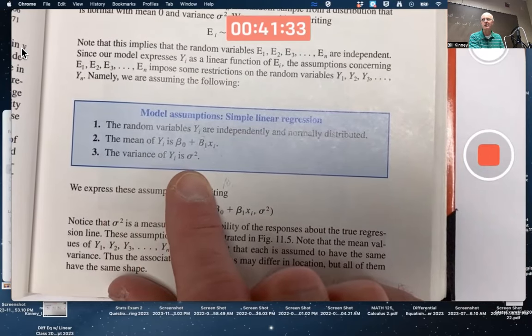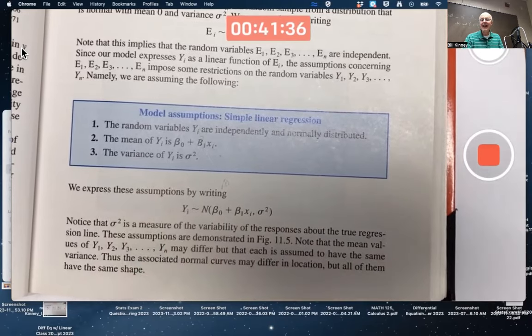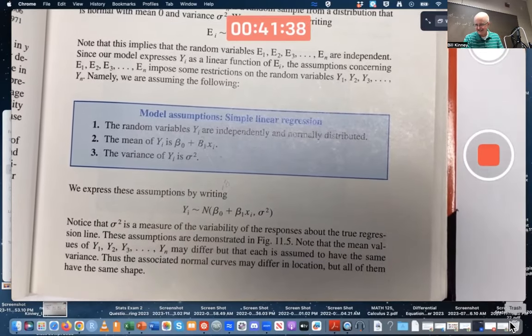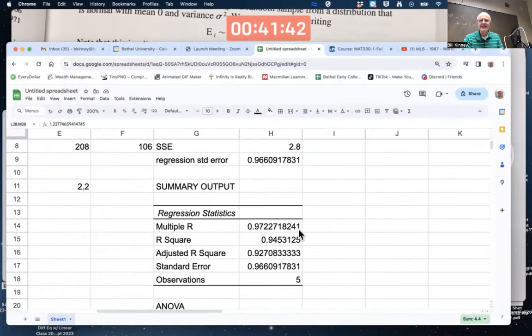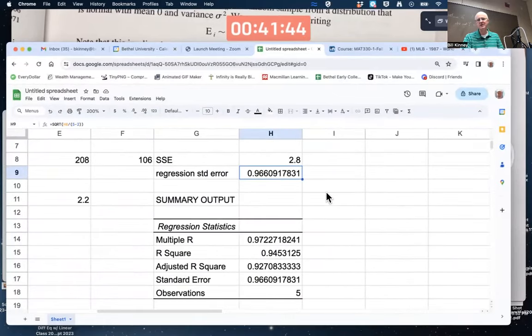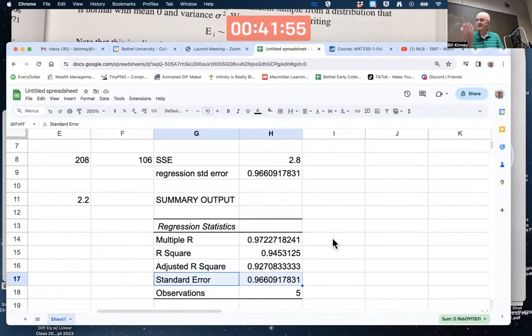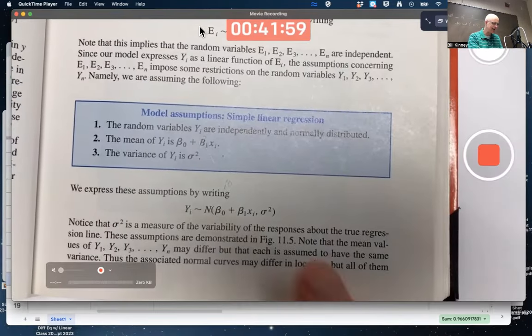It's just some number that you can estimate with, where is it? That number squared. Oh, and by the way, that number is the same as this number. Not an accident. Regression standard error. Its square would be an estimate for, in this model, this thing called sigma squared.